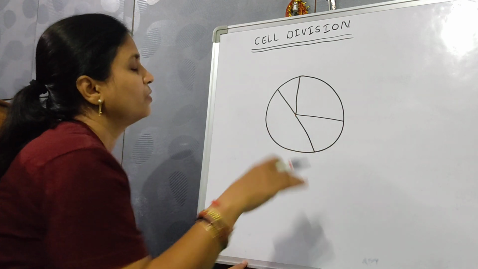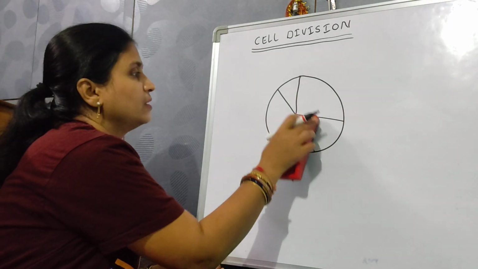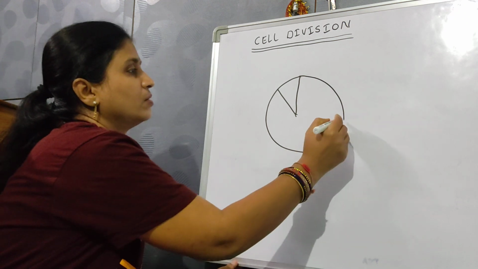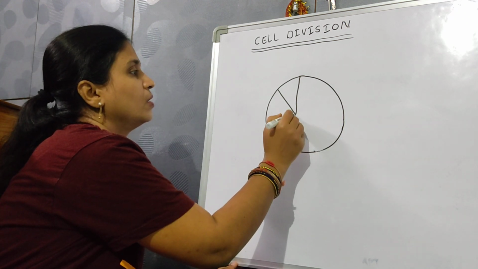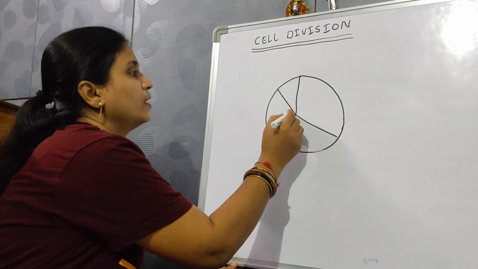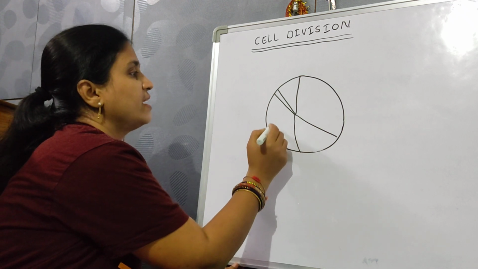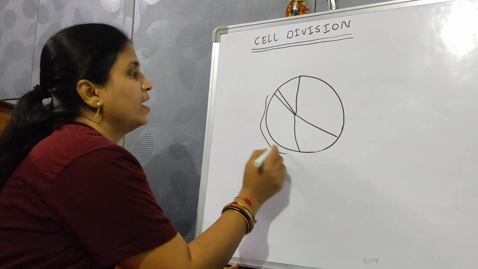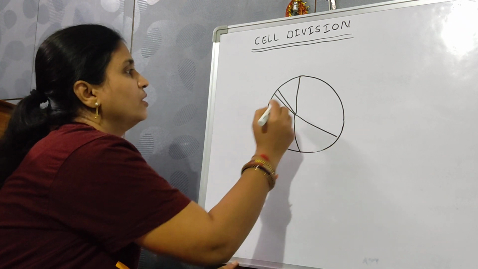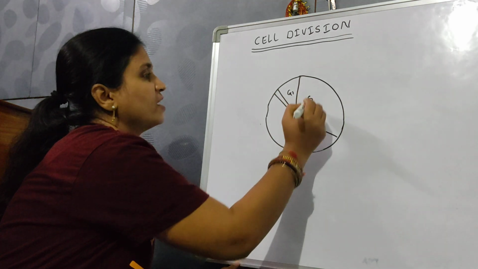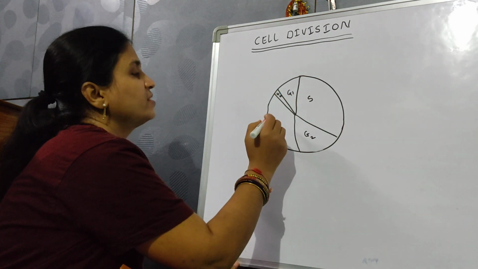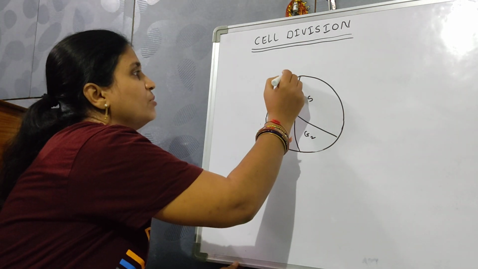This is the G0 stage. This whole phase is the M phase. First, this is the G1 phase, S phase, G2 phase. This is the G0 phase.